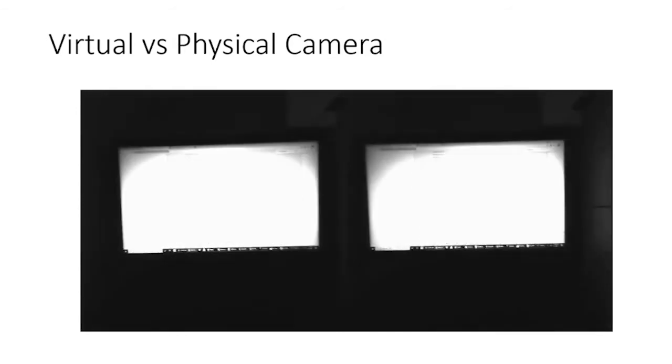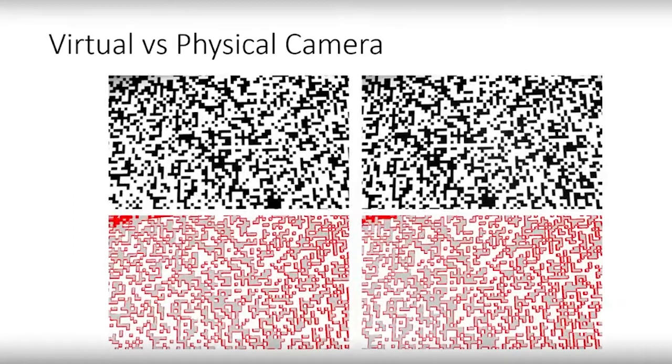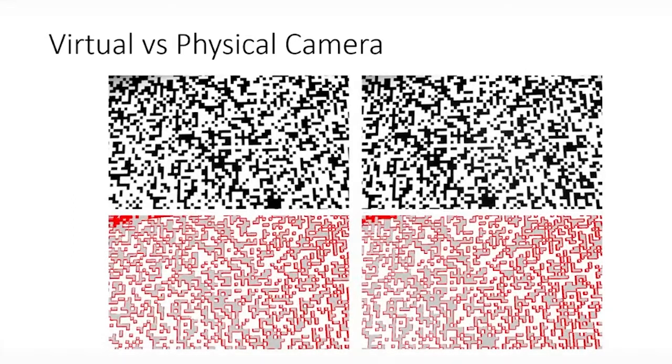For example, even using the gray codes, you got some glare effect from the monitor because it's a high contrast image. And when I compared the calibration pattern, again virtual versus physical camera, you can see that the only difference is just glow related or exposure related.